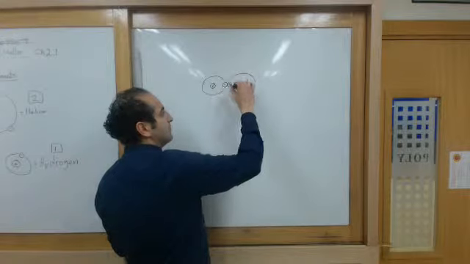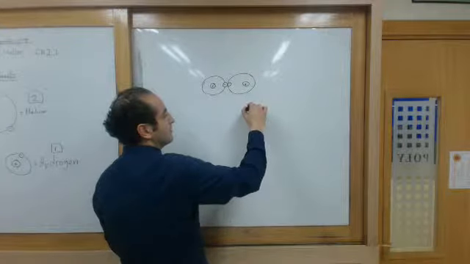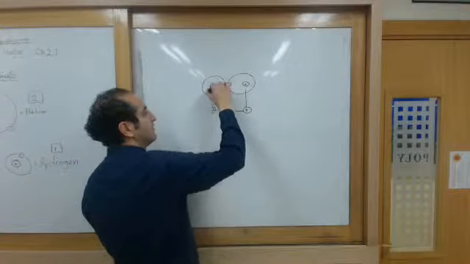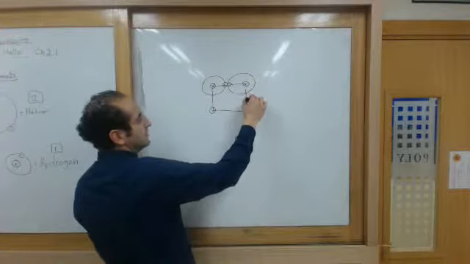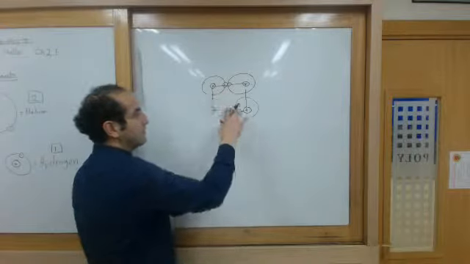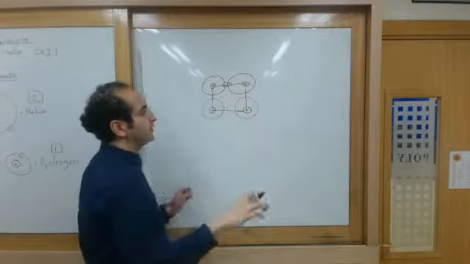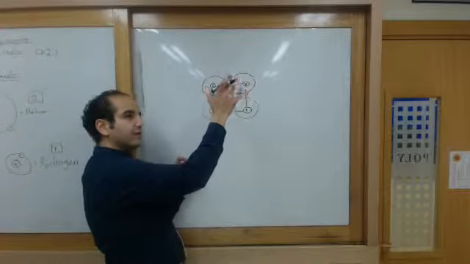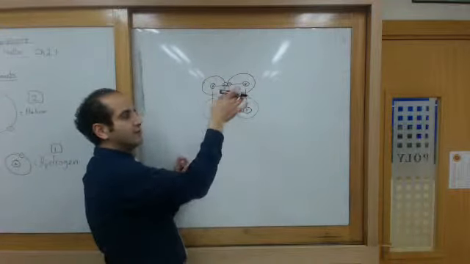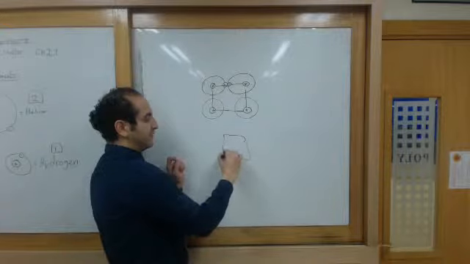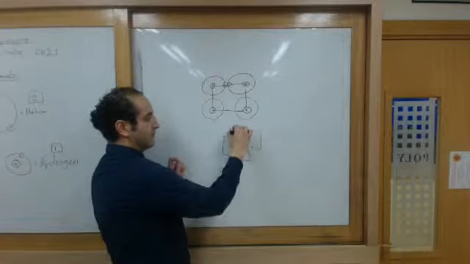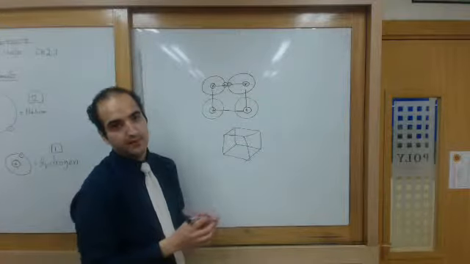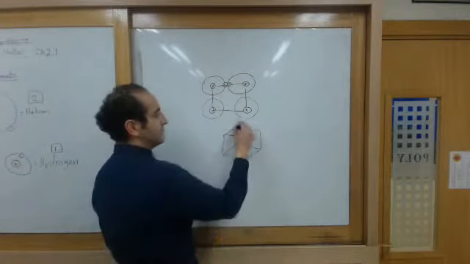As you can see, they start linking up like this, right? So this is a perfect square. And if this was another perfect square up here, 4 and 4, it'll make a box like this, right? And that's why it's cubic shape. It doesn't have to make a cube. This is a cube.